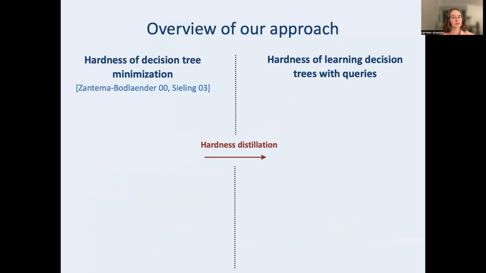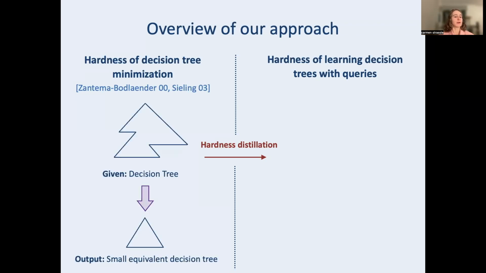So we will consider these two problems, one being that of learning decision trees and the other being that of decision tree minimization. And we relate them with this process that we call hardness distillation. So to remind you, in decision tree minimization, it's exactly as it sounds.